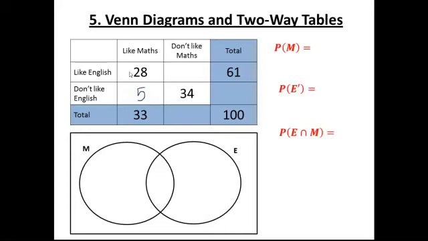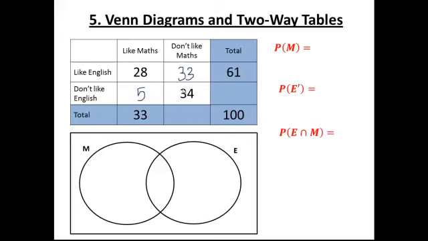So all of the people that like English, there's 61 of them. Okay, so if 28 of them like English and like maths, then we have to do 61 minus 28 to work out this number here. And so the amount of people who don't like maths but like English is 33.